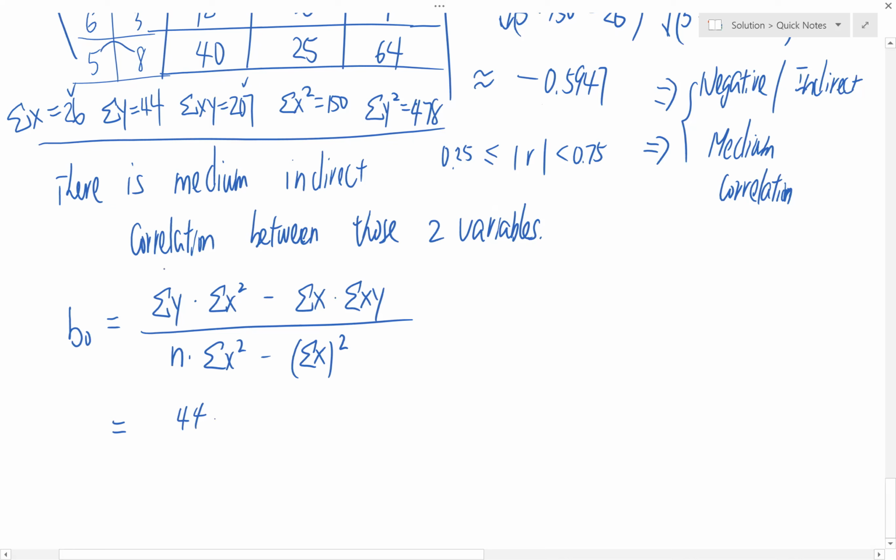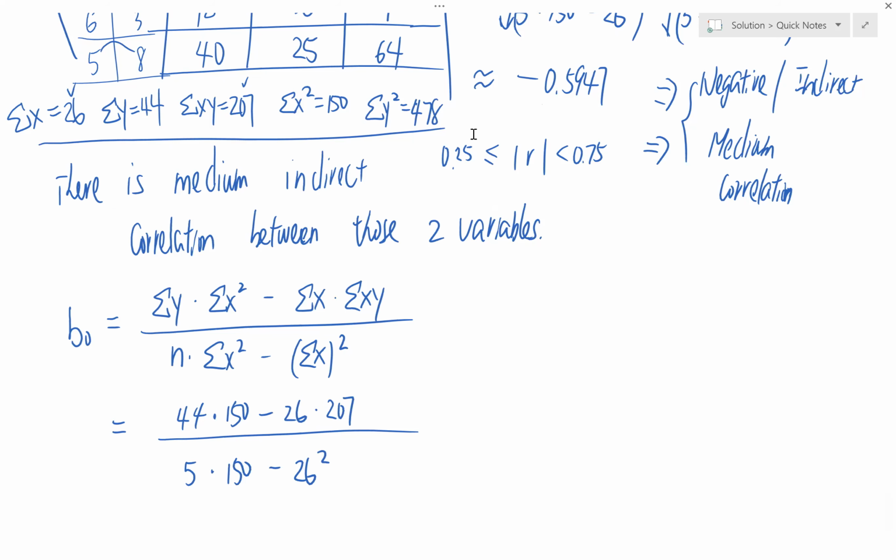So 44, summation total of y, times total of x squared, that's 150, minus total of x is 26, multiplied by total of xy is 207. Okay, and dividing by the denominator, it's 5 times total of x squared is 150 minus total of x squared, 26 squared. And one more time, we are going to use the Excel to do the work.